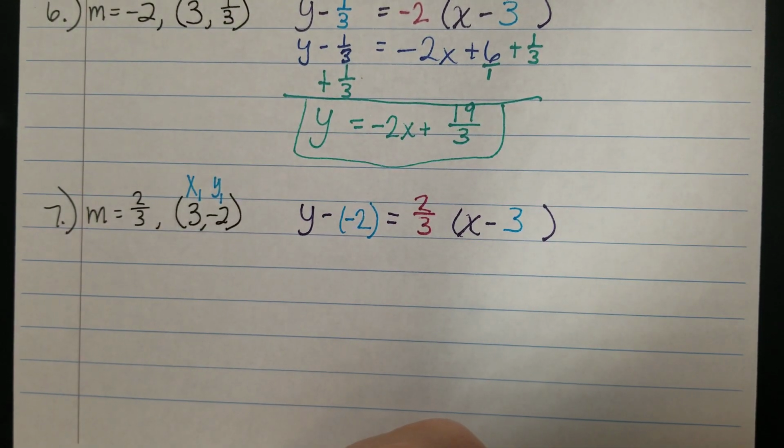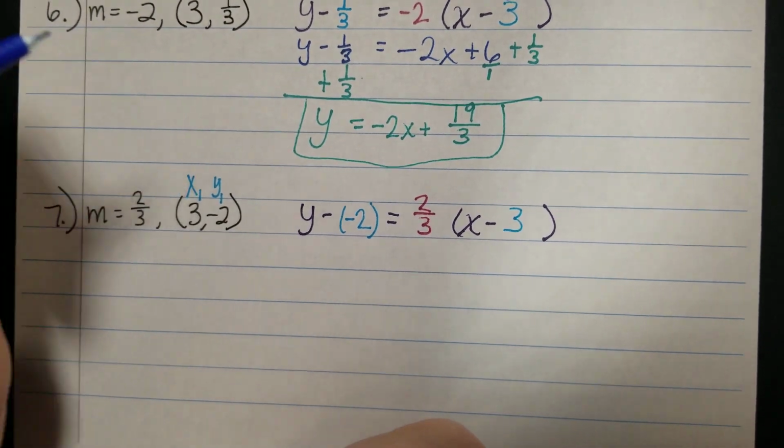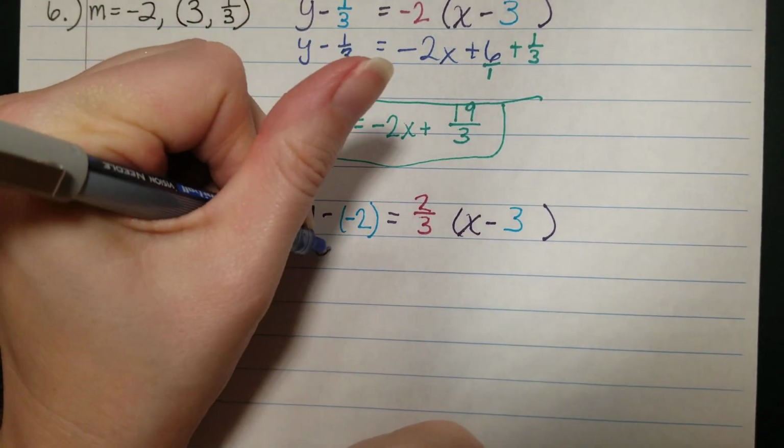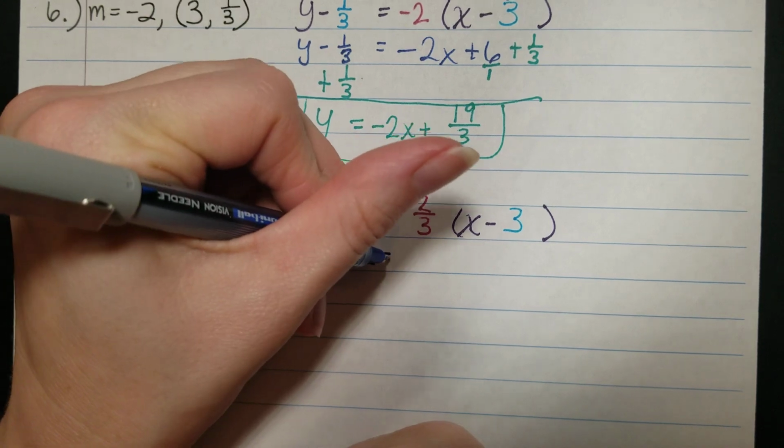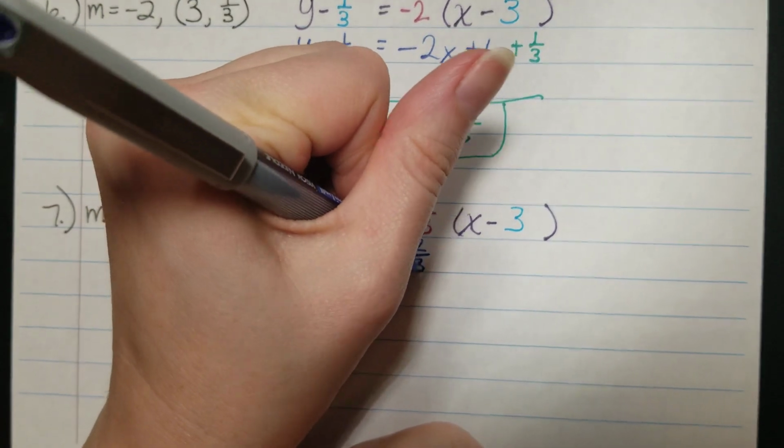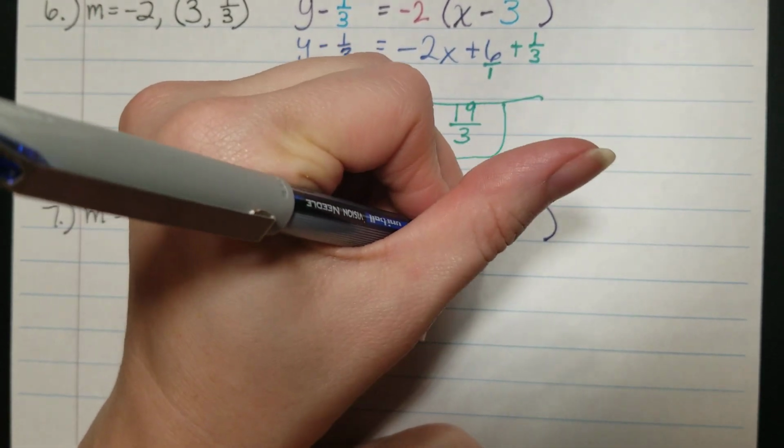So y minus -2 turns into y plus 2. So y plus 2 equals 2/3 times x minus 3.